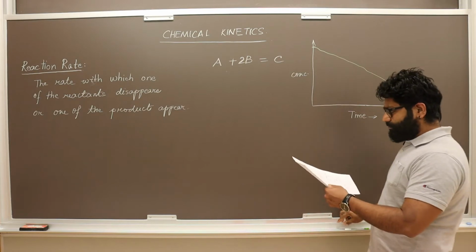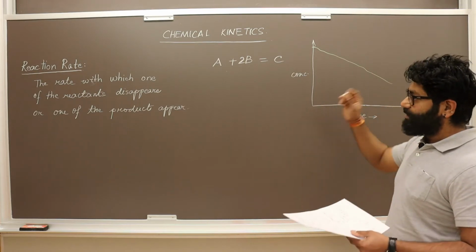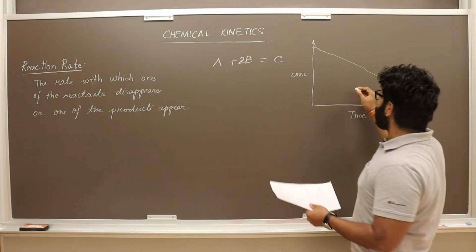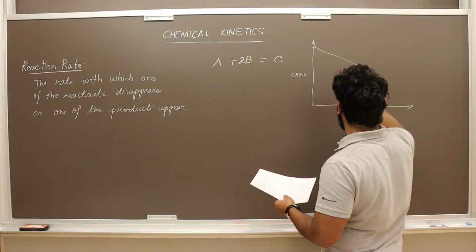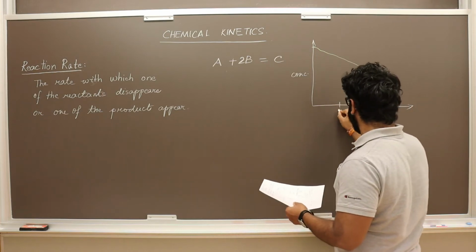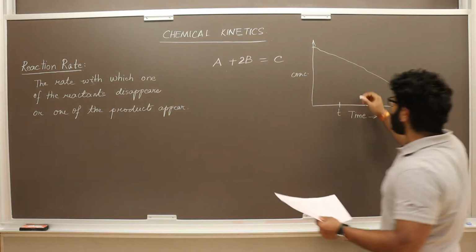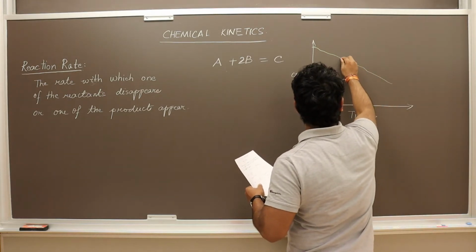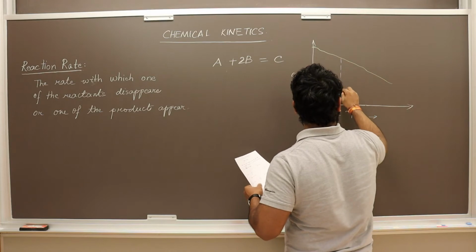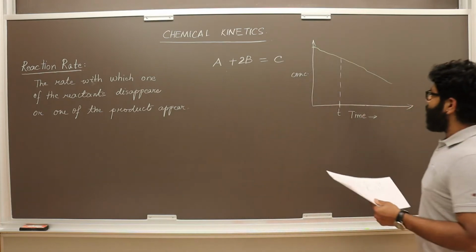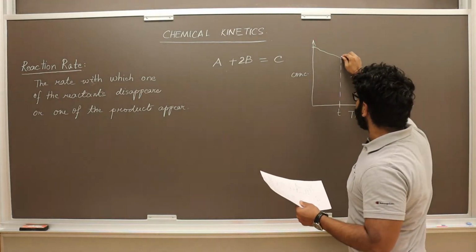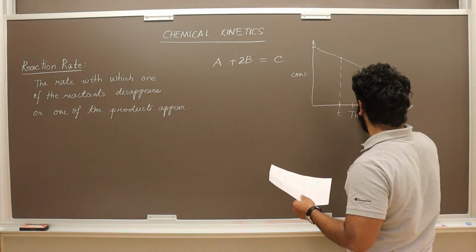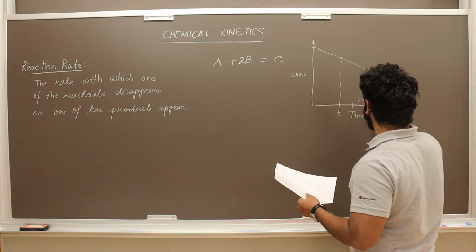Okay. So the reaction rate at any small point will be basically, for example, if at this particular time, say t, we are trying to see what the concentration of reactant A is. So after t plus dt time, we check the concentration again.